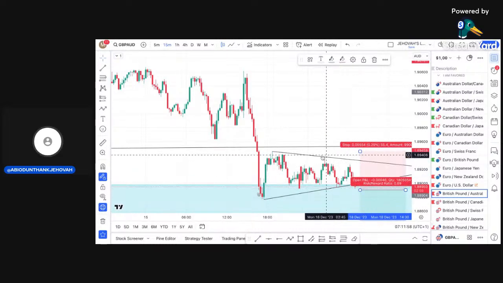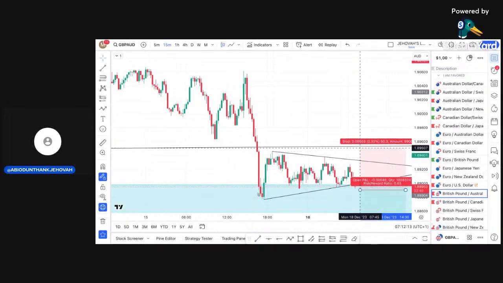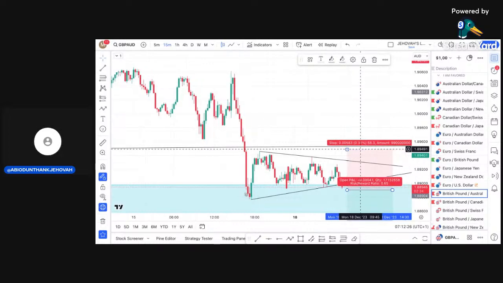It could even get to this area. But if it is selling, it's not going to go beyond this area. So that's gonna be the area of my stop loss. Now I'm gonna give it about 3 pips to account for spreads and other things. So this is gonna be my stop loss for this trade.